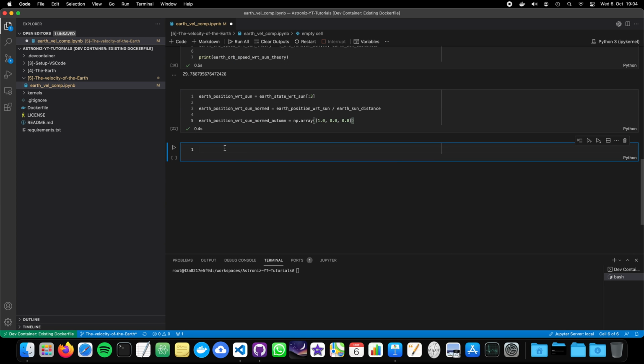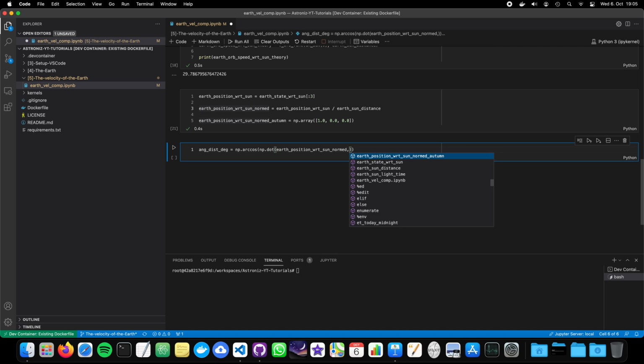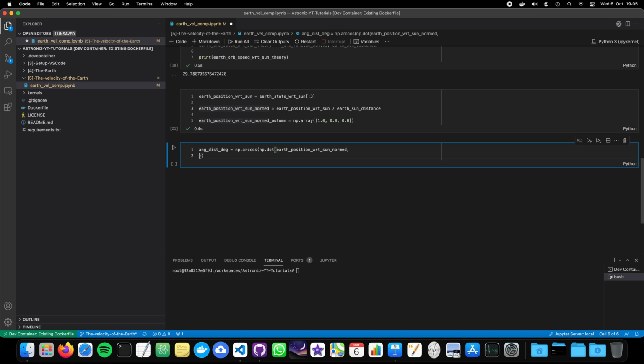Now let's see, did it work? It works. Now let's create a new cell where we compute the angular distance in degrees between the position of the Earth when autumn starts and now. How do we do this? We will use the arccosine and compute the dot product, so np.dot of this vector with respect to this vector here.